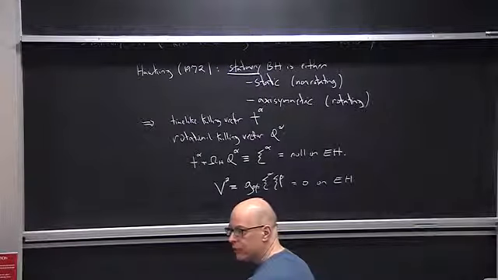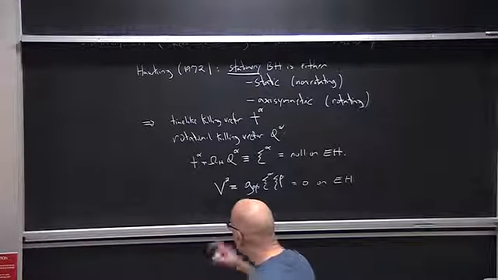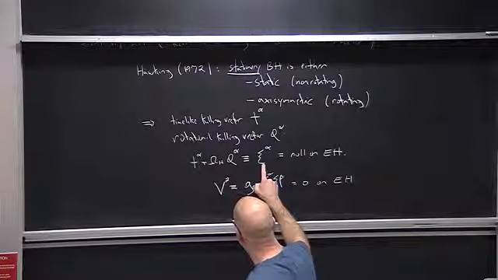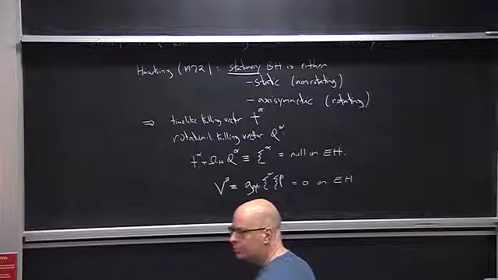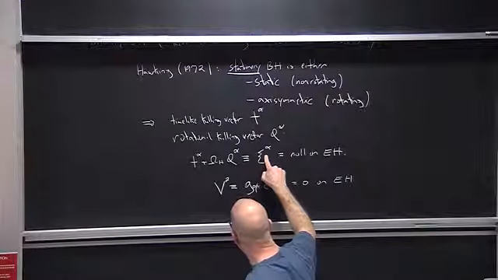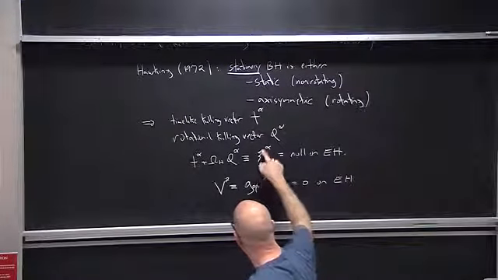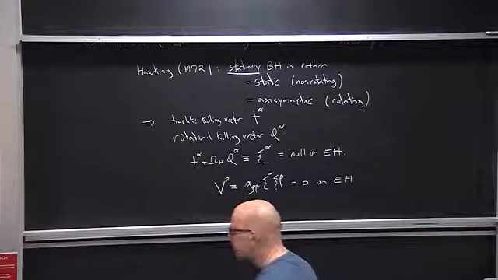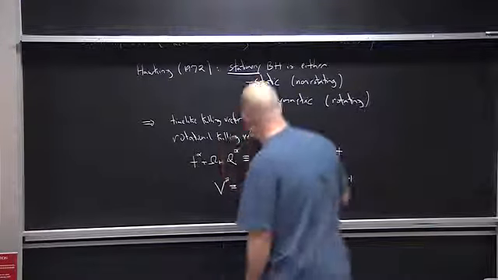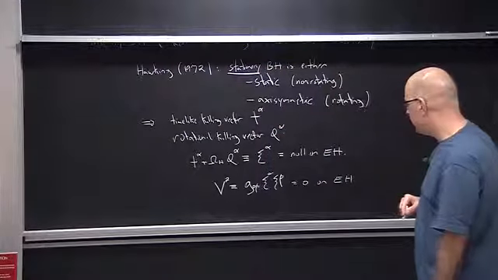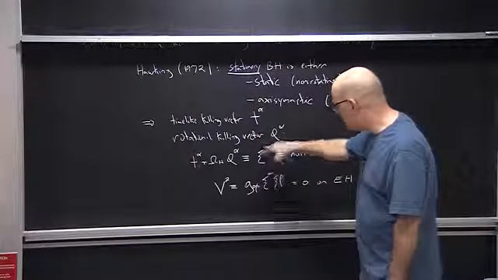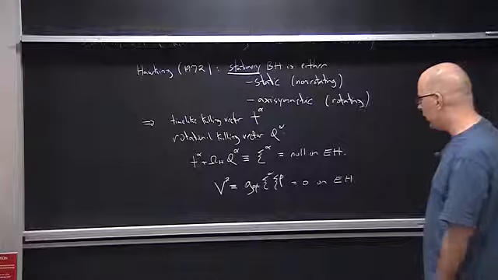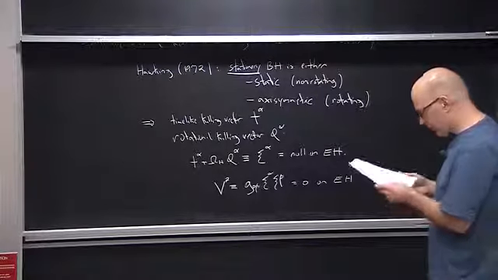The null surface is going to be generated by null rays. This vector here is going to be tangent to those null generators. So again, we have the usual story of having a null surface. So the orbits of the Killing vector here are going to be the null generators of the event horizon.